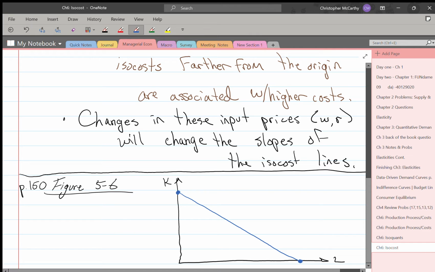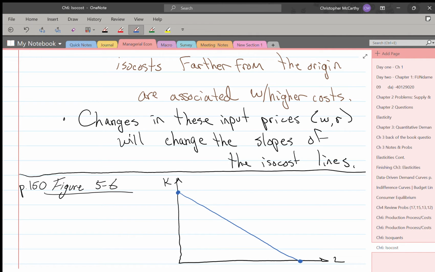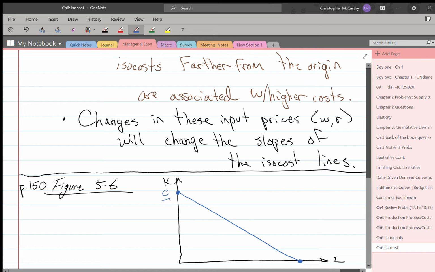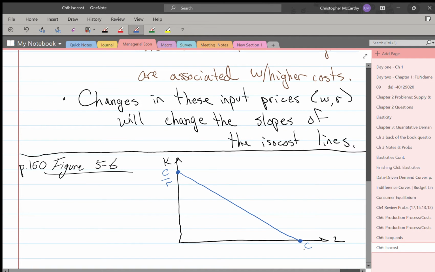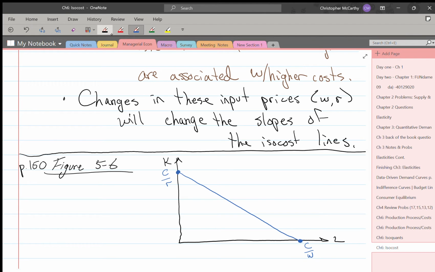Let's put our thinking caps on here. What is this intercept here? What is my y-intercept here? Capital over R, very good. And our x-intercept, capital over W. Excellent job.